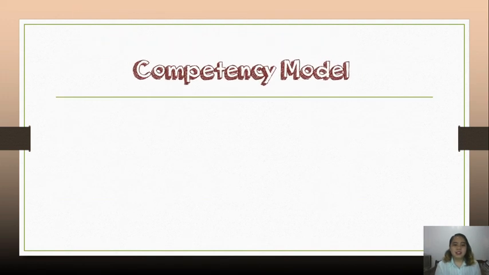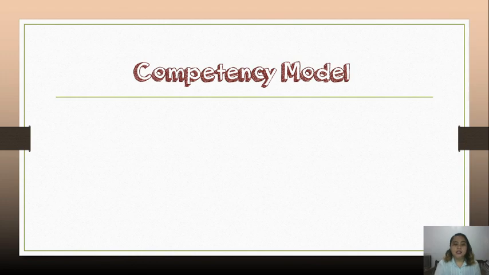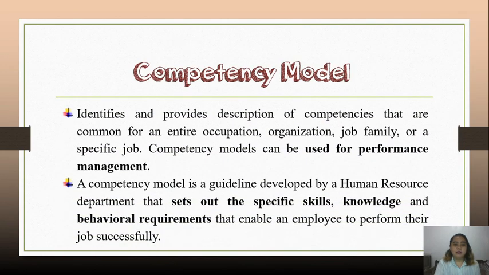So next is competency model. So competency model identifies and provides description of competency that are common for an entire occupation, organization, job family, or a specific job. Competency model can be used for performance management, and competency model is a guideline developed by a human resource department that sets out the specific skill, knowledge, and behavioral requirements that enable an employee to perform their job successfully.